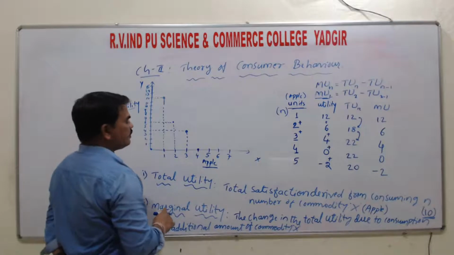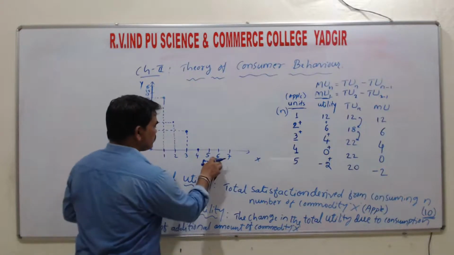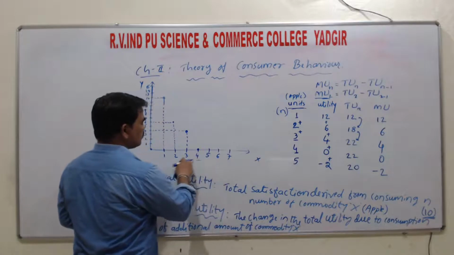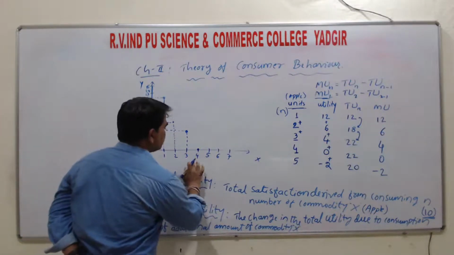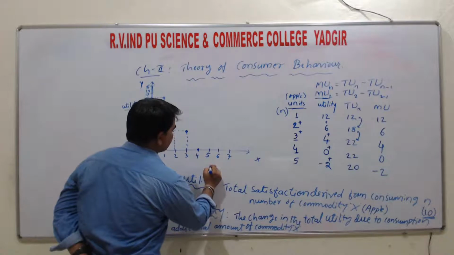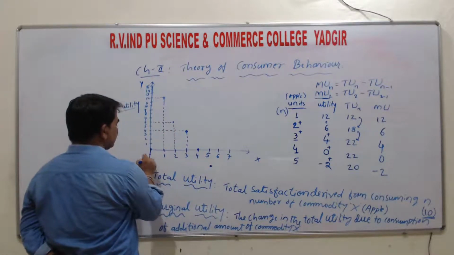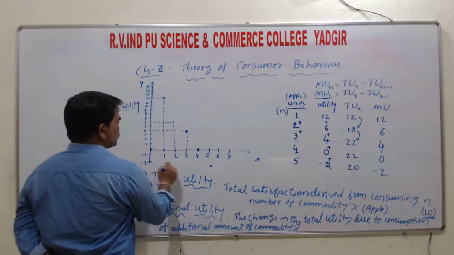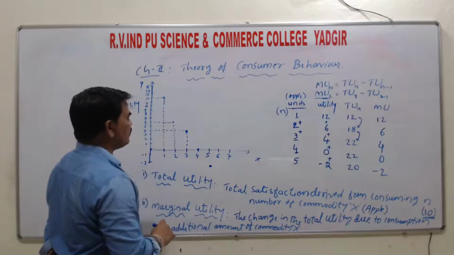For the fifth apple, it is negative here. Fine? So it goes to minus 1, minus 2. So this is for the fifth apple.